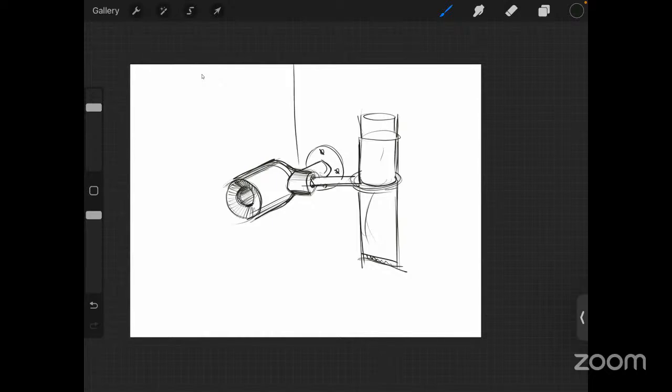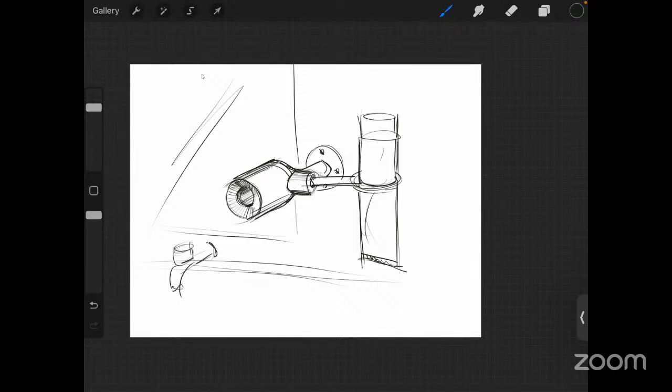Now we have the wash basin over here. Just drawing all those important and required details over there, just to get the scenario right.